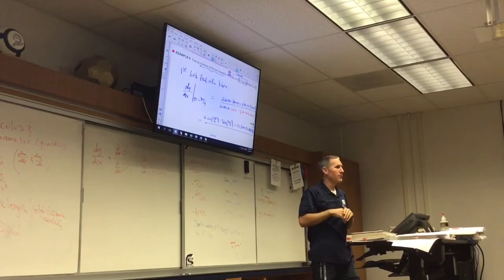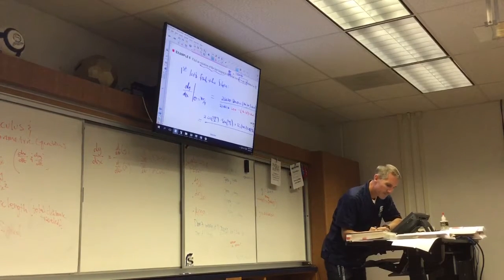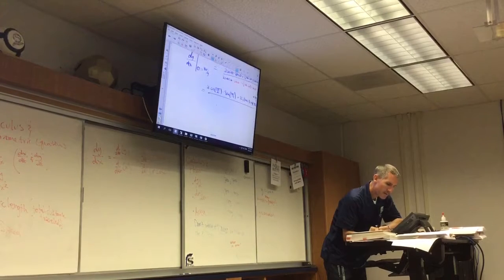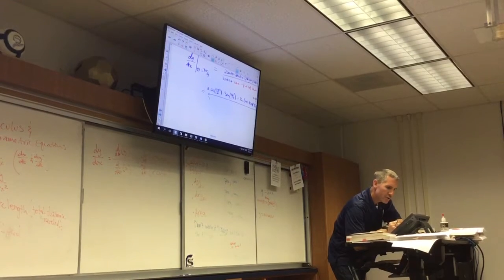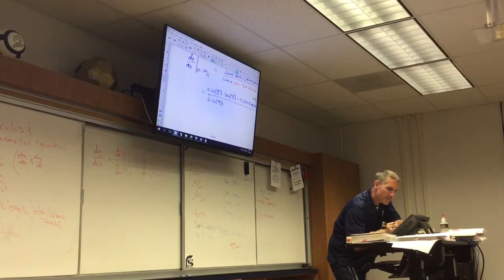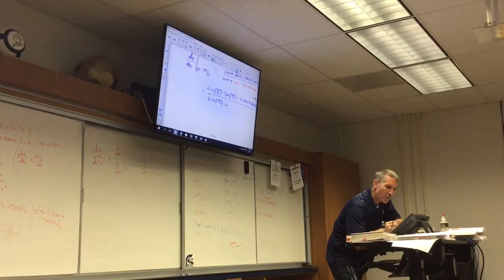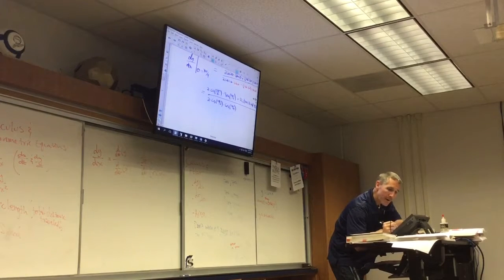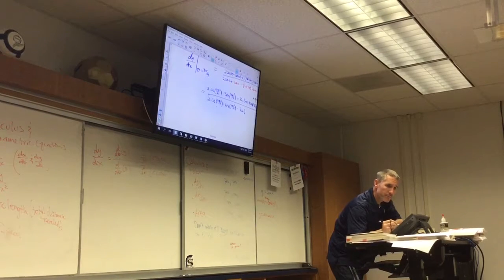So now let me plug it in for every theta value in the denominator. So this is going to be 2 times cosine of 3 pi over 2 still, times cosine of 3 pi over 4, minus sine of 3 pi over 2 times sine of 3 pi over 4.